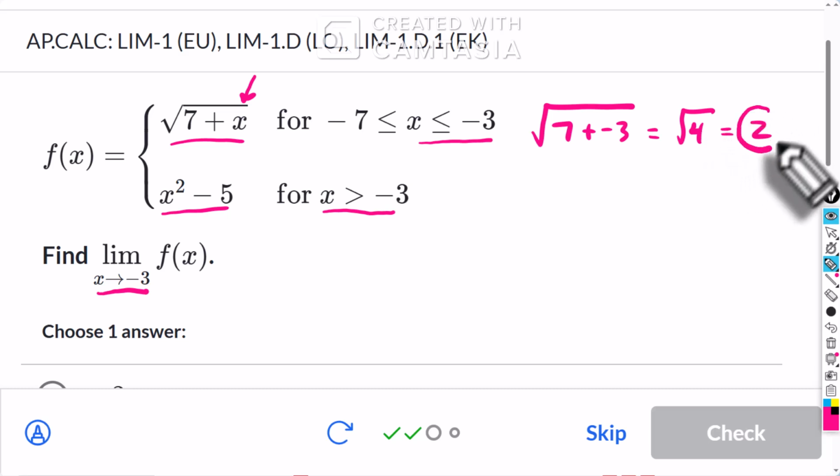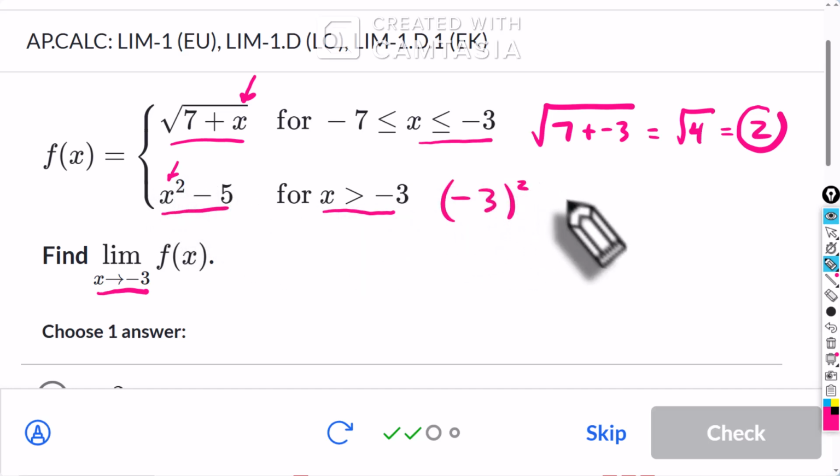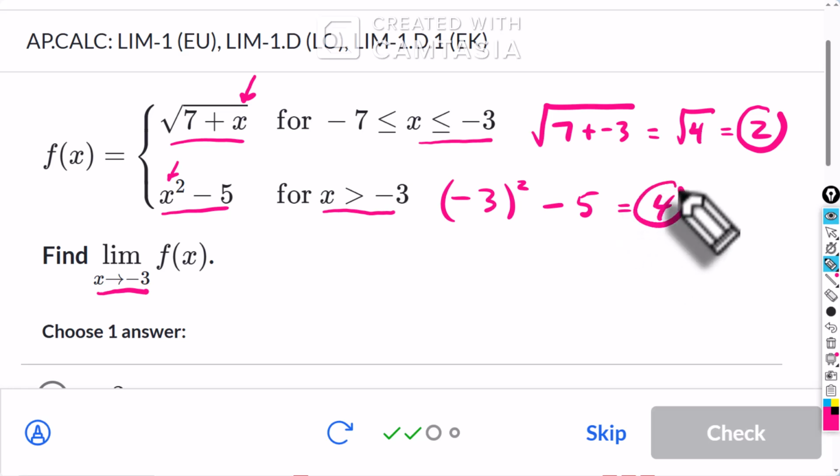All right. Now in this function here, again, we're plugging in negative 3 in place of x. So that's going to be negative 3 squared minus 5. Negative 3 squared is 9, minus 5 is 4. All right, notice I used the parentheses when I squared the negative 3.